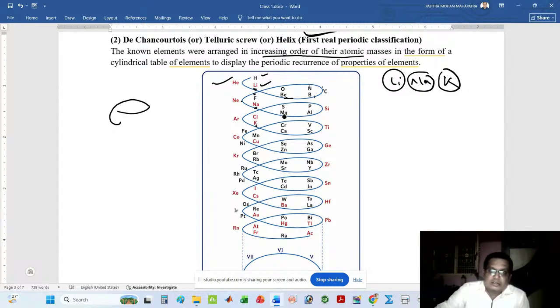Start your journey from magnesium, aluminum, silicon, phosphorus, sulfur. Next is chlorine, argon, potassium, calcium. Then you complete a circle. That means here you can say that first is beryllium, then you will reach magnesium, then you will reach calcium.